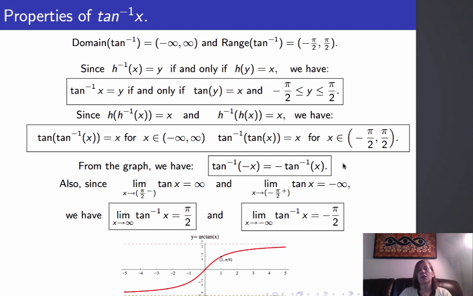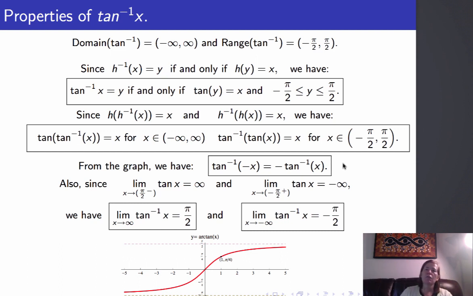Its range is all angles from minus pi over 2 to pi over 2. Using the equation h inverse of x equals y if and only if h of y equals x, we get that tan inverse of x equals y is the same as saying that tan of y equals x, and y is between minus pi over 2 and pi over 2.